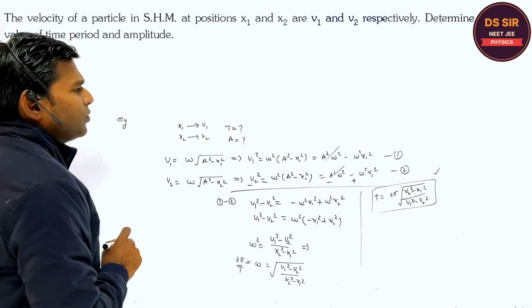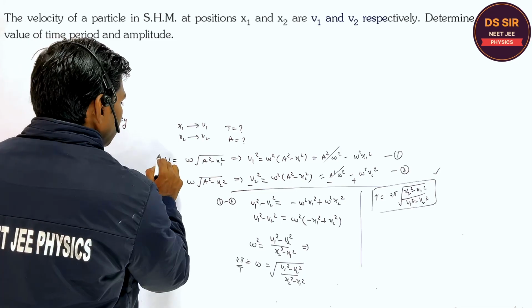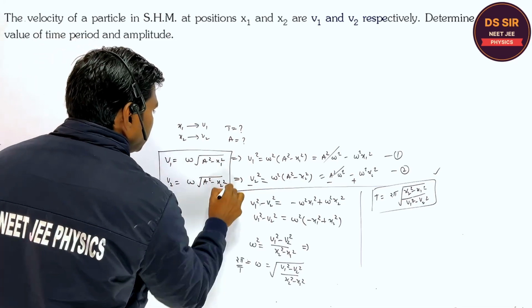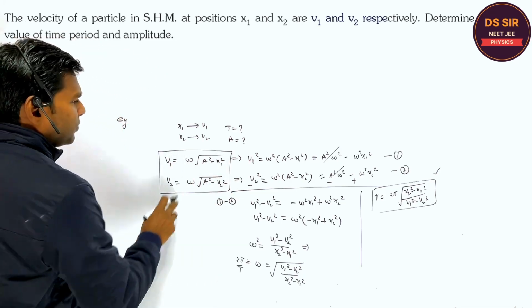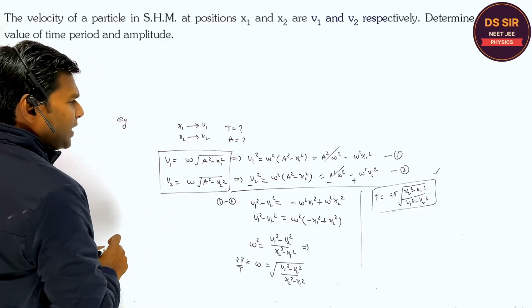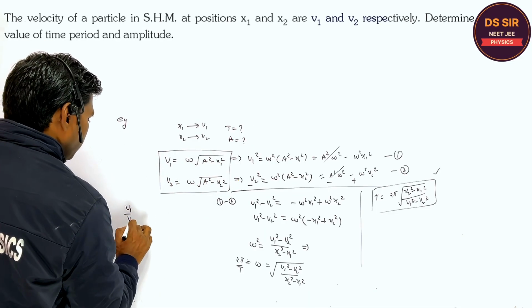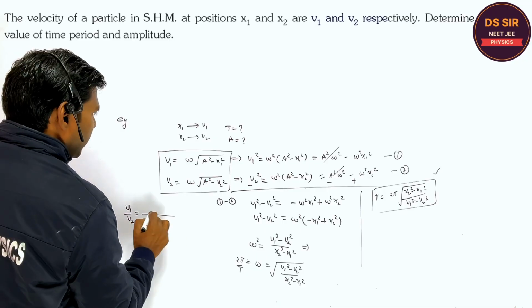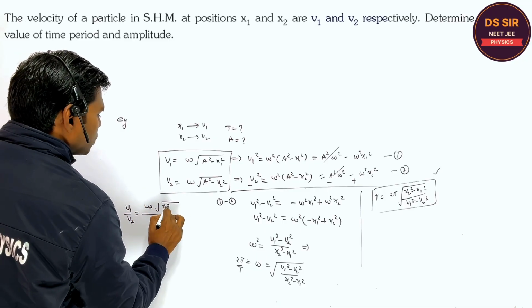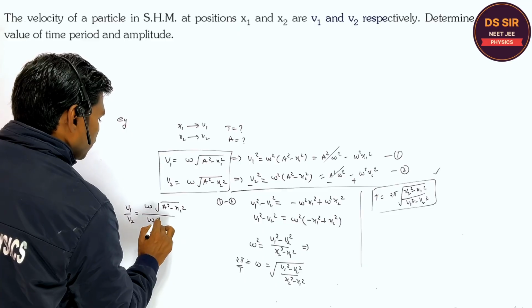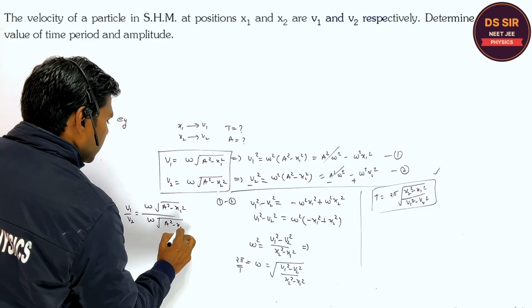How to find the amplitude? Listen one thing. This is the first equation, and this is the second equation. The omega can be eliminated by dividing. So v1 upon v2 is equal to omega root over (a squared minus x1 squared) divided by omega root over (a squared minus x2 squared).